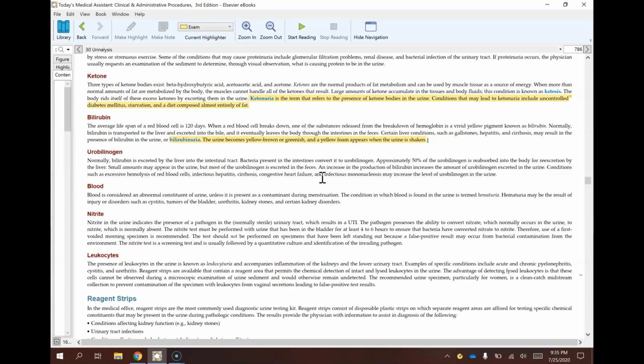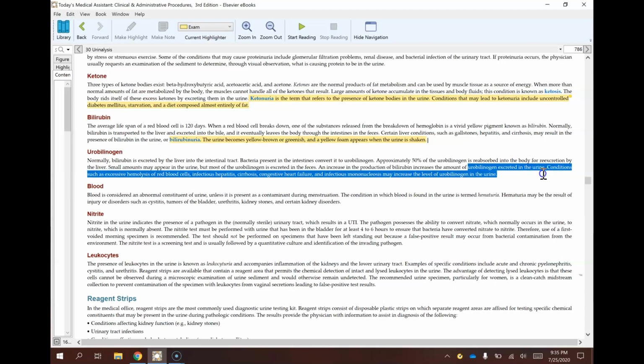So that also should not be in the urine. However, if there is too much bilirubin, you end up with urobilinogen, uro meaning urine, excreted in the urine.